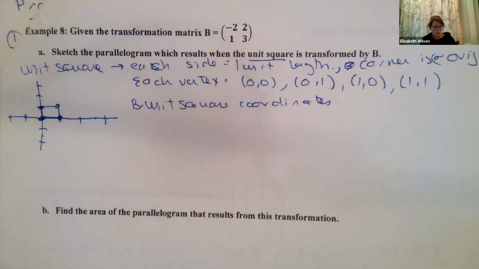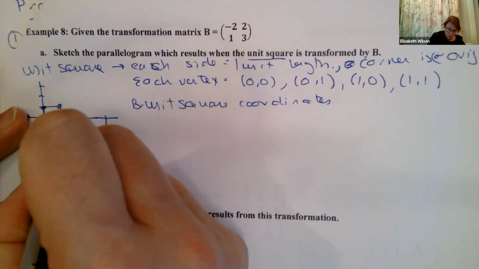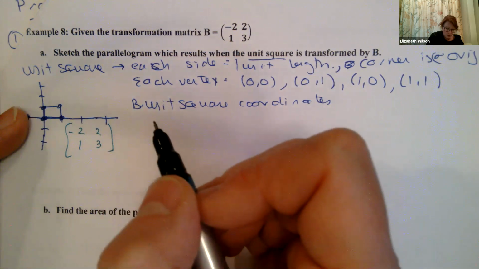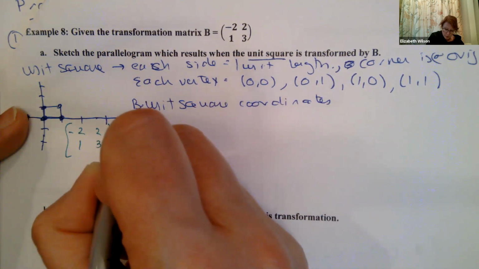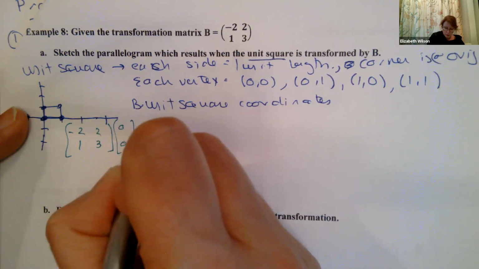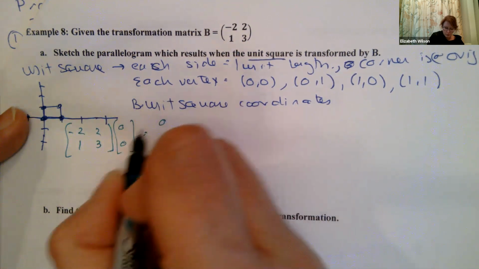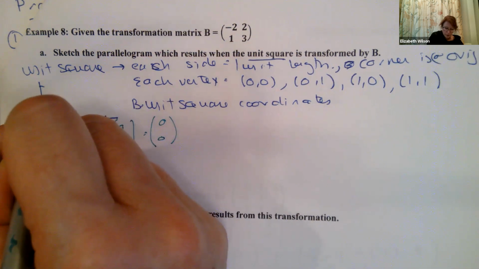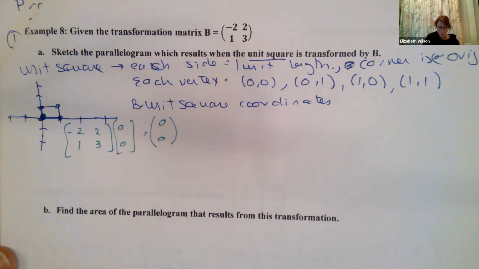I'll do that in a different color, in green. So I'm going to go: minus 2, 1, 2, 3, times 0, 0. That's 0, 0, so this one doesn't change. I'm going to start drawing it out as I go. That one is still centered at the origin.